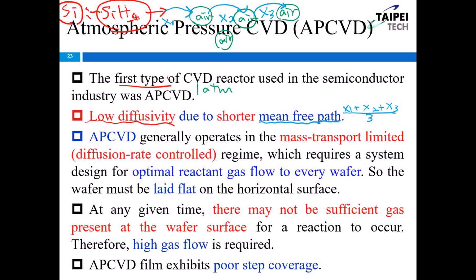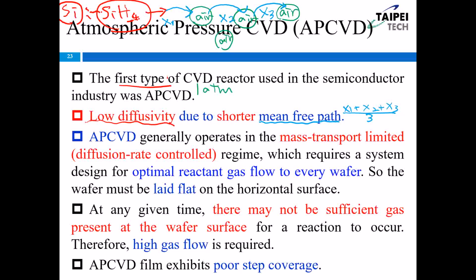So I use this example just to show you the average distance between 2 collisions. 两个碰撞之间的距离是个平均距离。Because inside the chamber I have so many air, due to 1 ATM, the pressure is 1 ATM. Therefore, we have so many oxygen and nitrogen inside the chamber.